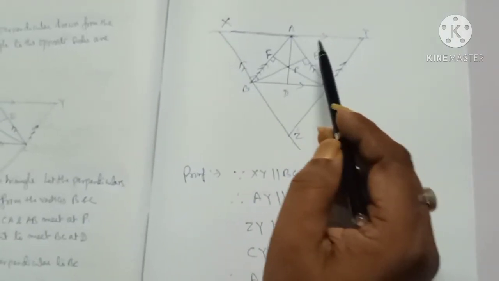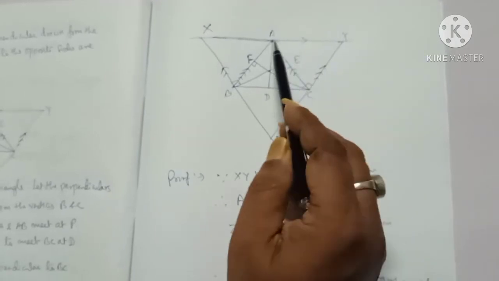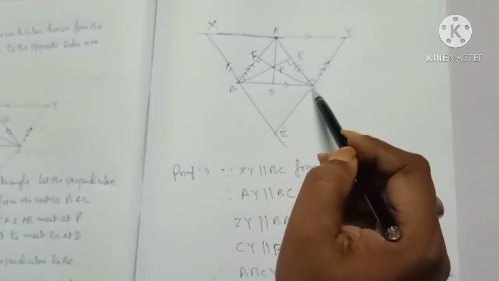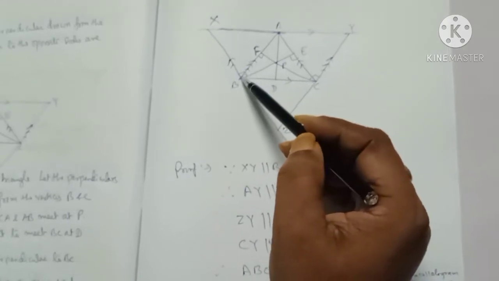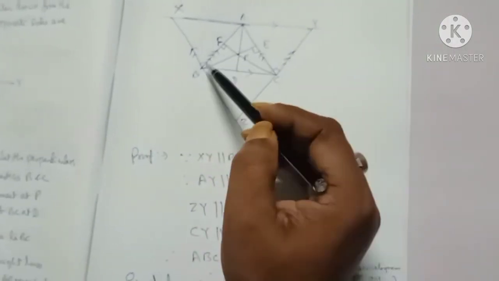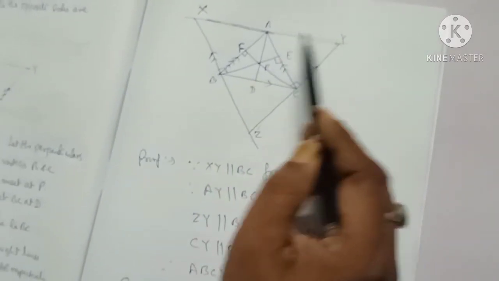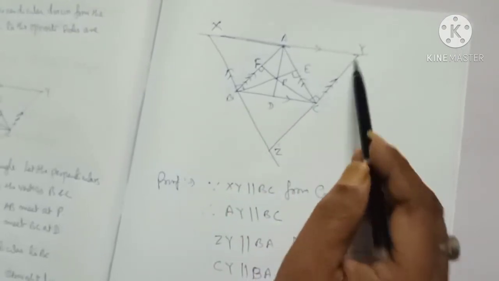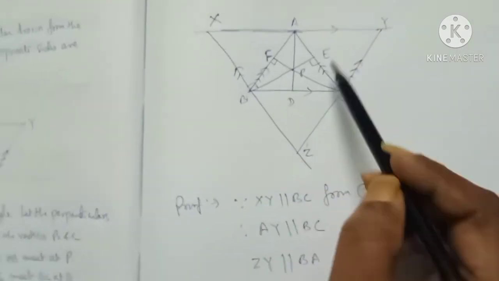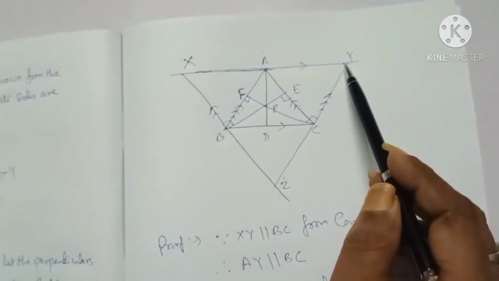Now you see here that since XY is parallel to BC, therefore AY is parallel to BC. Again, since BA is parallel to ZY from construction, BA is parallel to CY. So ABCY is a parallelogram. That is, if the opposite sides of a quadrilateral are parallel, then they form a parallelogram.